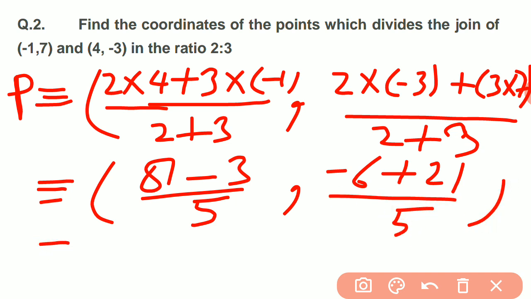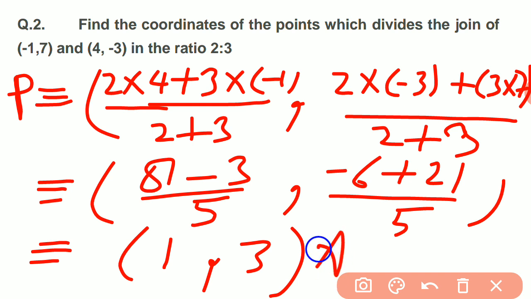And this is equal to 5 by 5, which is 1, and 21 minus 6 is 15, 15 by 5 is 3. This is the coordinate of P. This is the answer. This point P is (1, 3).